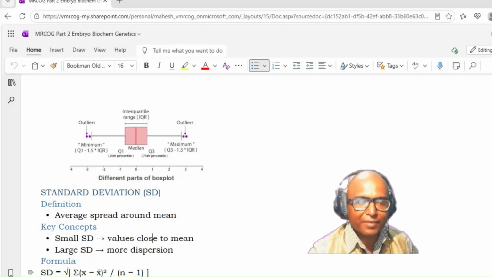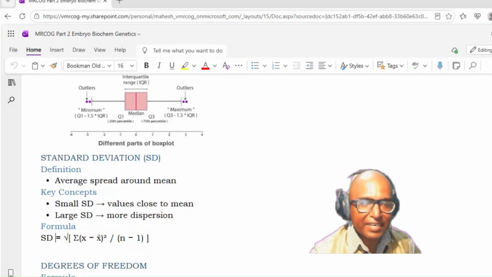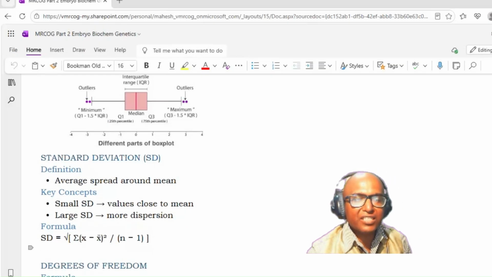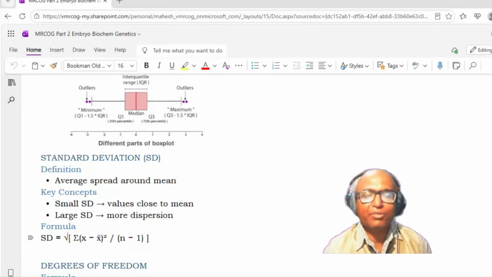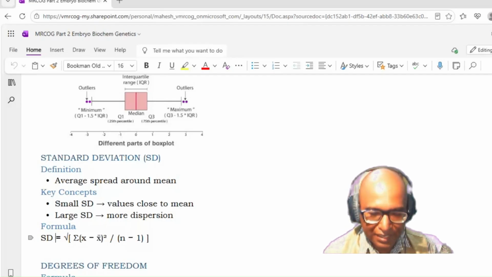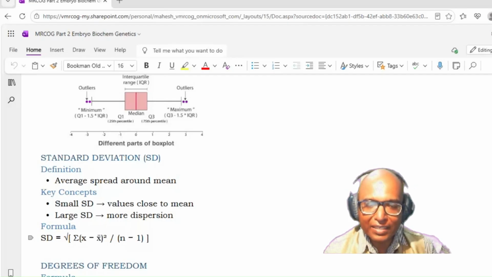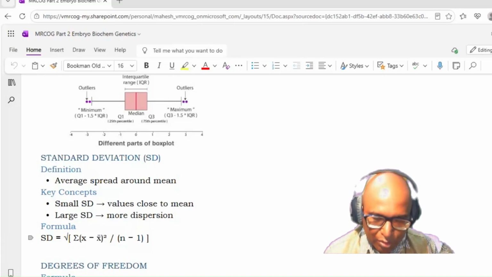So what is the formula for standard deviation? Standard deviation is the square root of sigma (x minus x bar) squared divided by n minus 1. What you have to do is first calculate the mean, then calculate the difference of each observation from the mean, and square it.